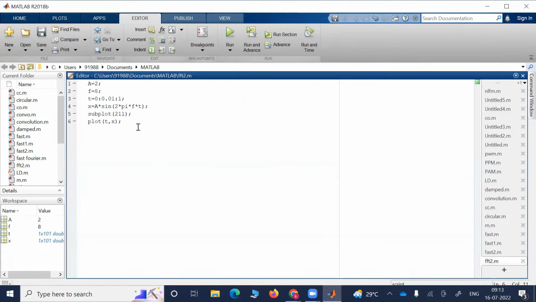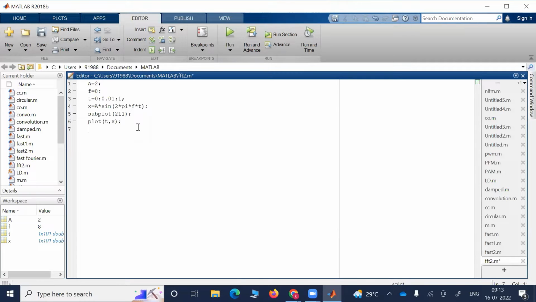Now we'll find the FFT. In MATLAB we have two functions: FFT can be calculated as FFT of x, or we can write FFT of x comma n. I'll tell you the difference between the two.